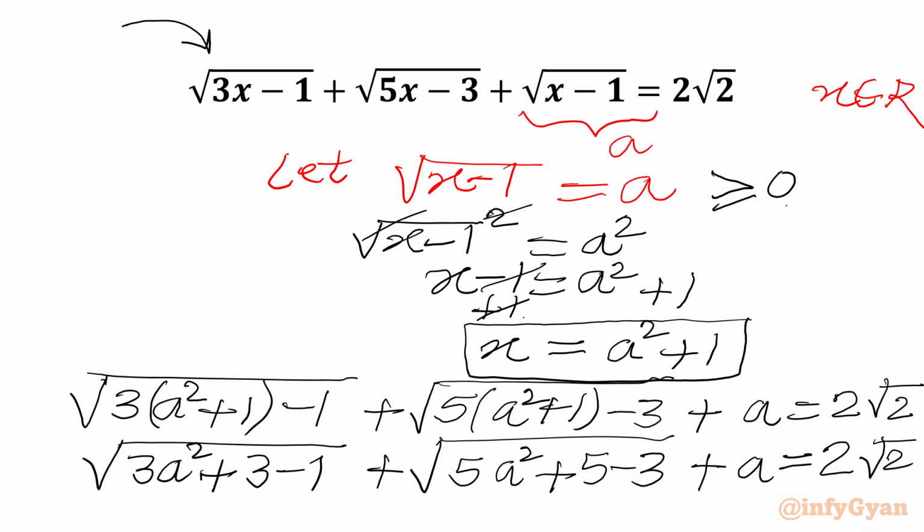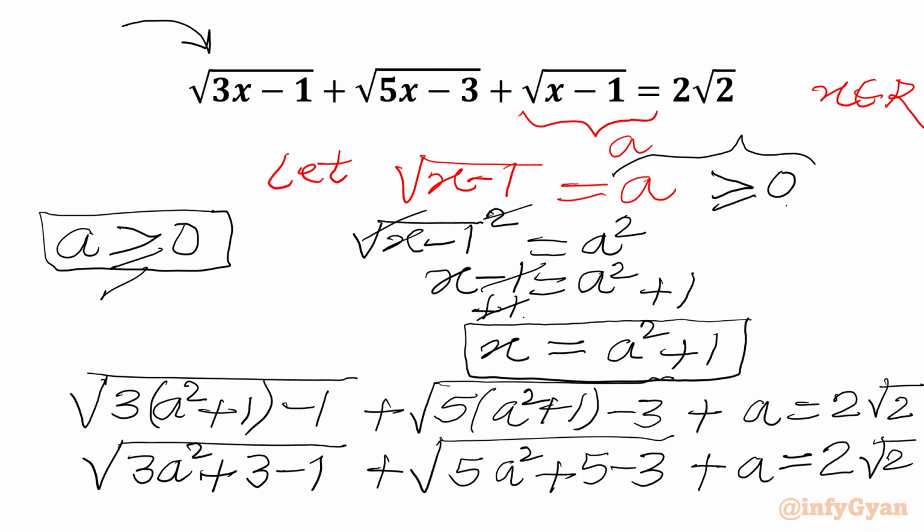Now we have the condition on a: a should be greater than or equal to 0. Now we will split this condition in two cases: a should be greater than 0 and a should be equal to 0. Now we will write our equation.